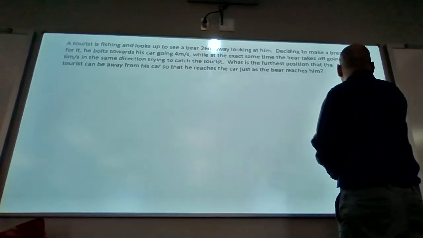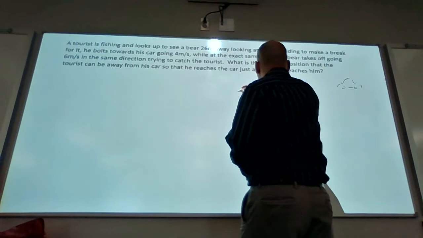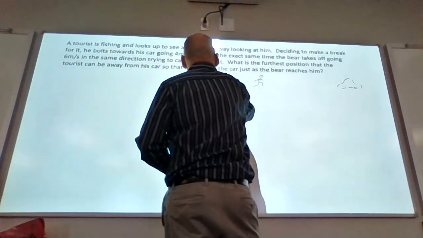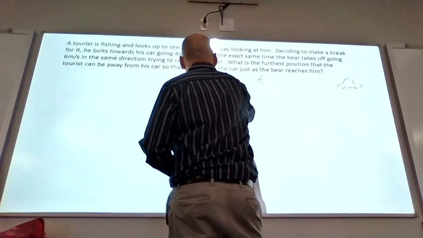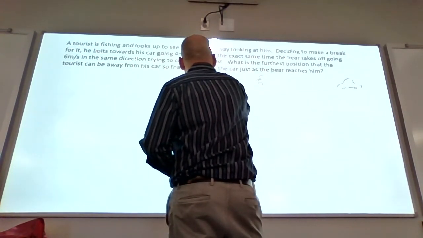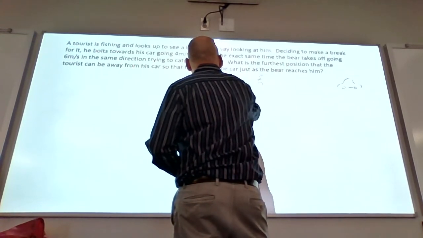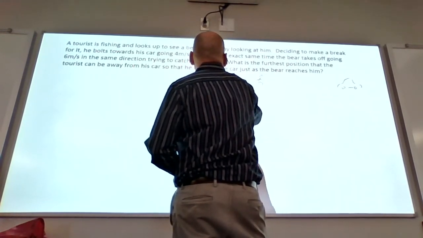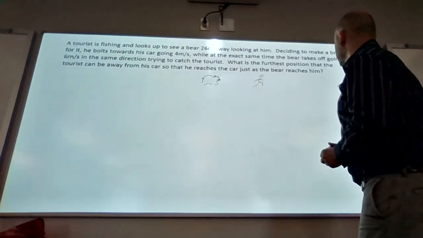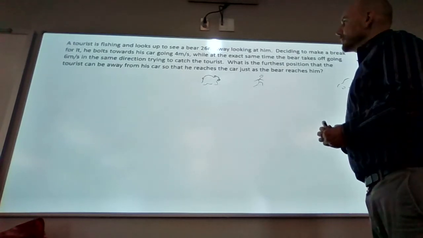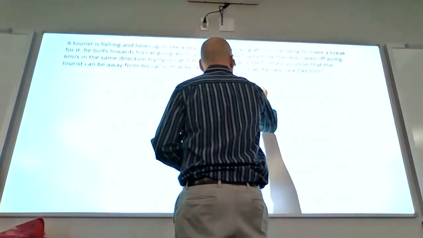So here's the car. Here's the dude. Here's the bear. Oh dear, that's a rough bear. Kind of like an angry duck-billed platypus or something. Anyway, and then label stuff.